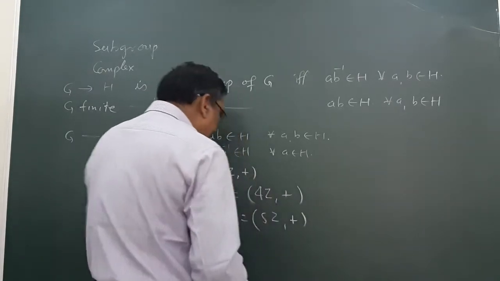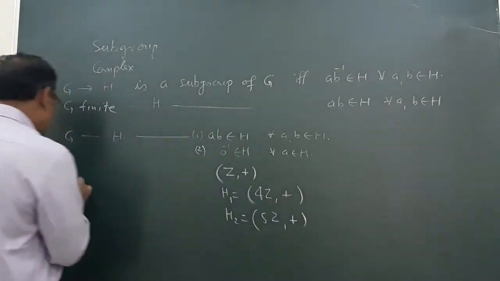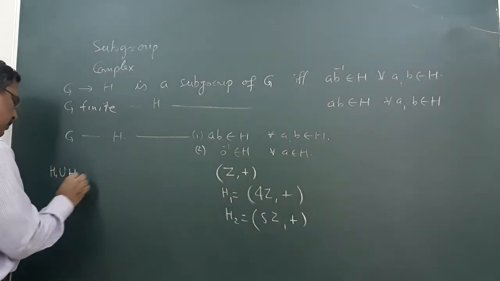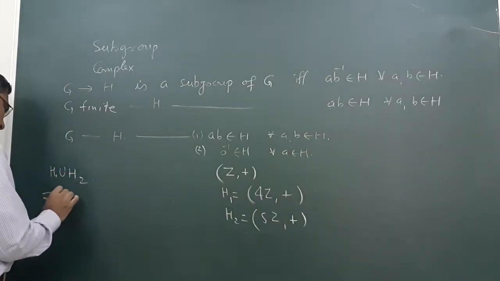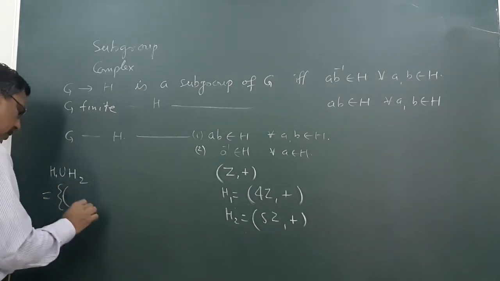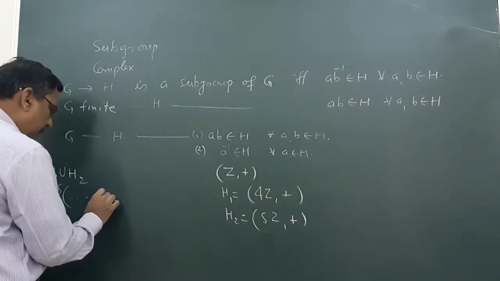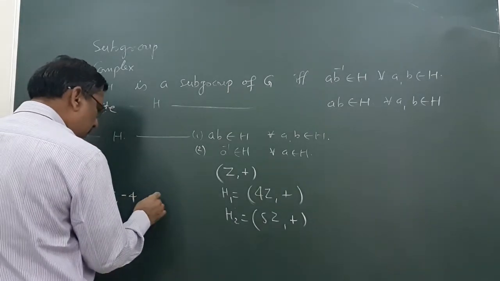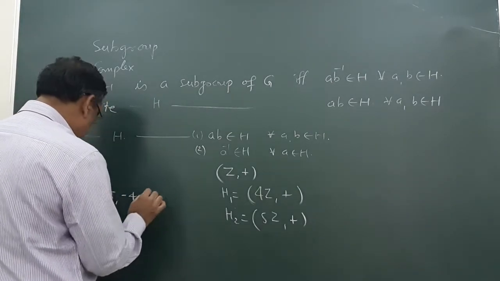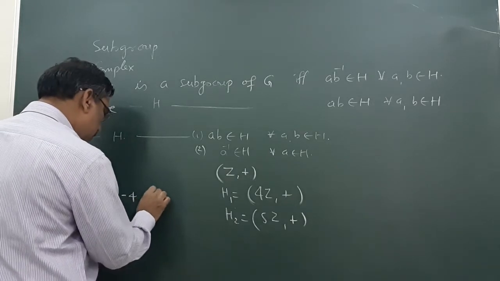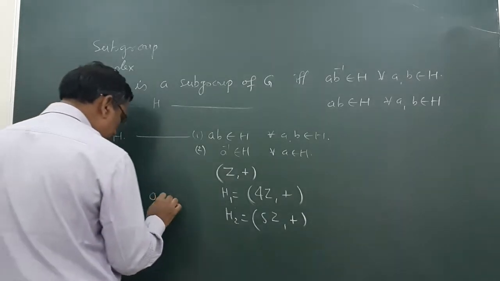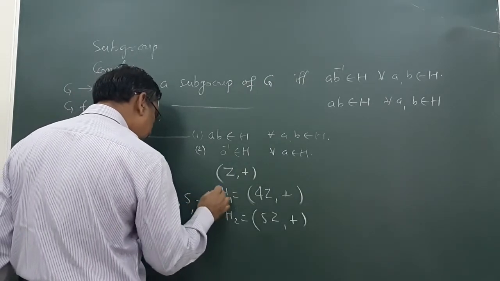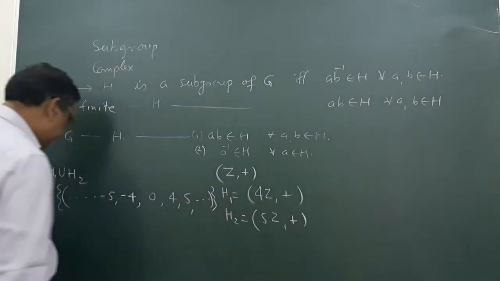Then the union of H1 and H2 will be equal to {..., -5, -4, 0, 4, 5, ...}. This was the union.